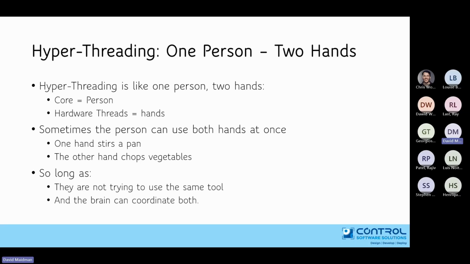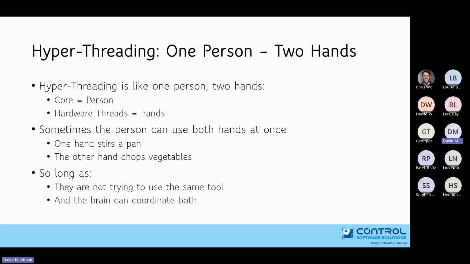As we said, in 2004, when the Pentium 4 came along, it introduced hyperthreading. The way to think about this is, if you imagine a core as being a person and hardware threads as being the hands. So you've got one person, two hands.